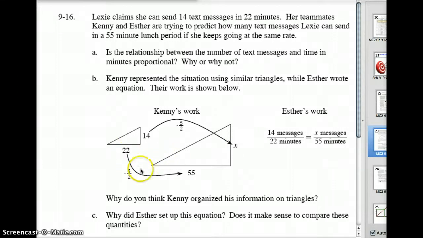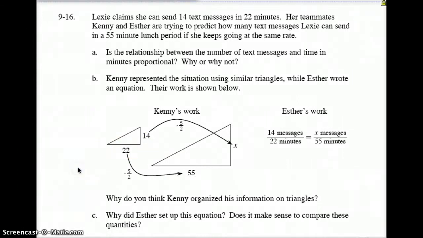So to get from here to here, you'll notice that this is 55 over 22 times bigger. If you think about that, 55 over 22, pretend I have a fraction bar right there, that would simplify to 5 over 2 because you could divide both by 11. So our scale factor here is that this is 5 halves bigger than this right here.